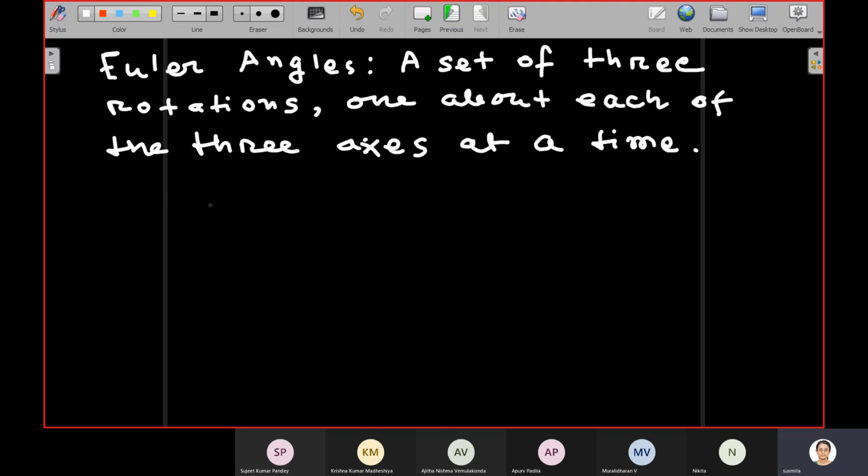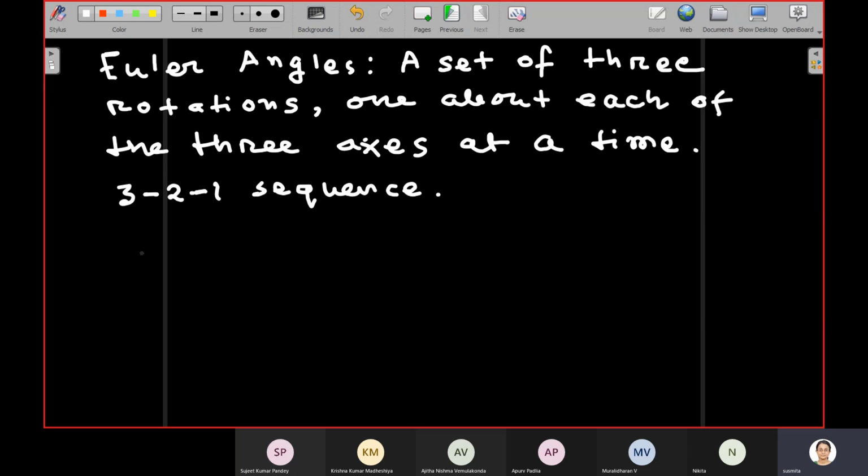And there are different sequences that can be followed in navigation. We generally prefer the 3-2-1 sequence. Using these 3 rotations, we can orient any frame with respect to another. Suppose we are interested in finding the orientation of the alpha frame with respect to some other beta frame.